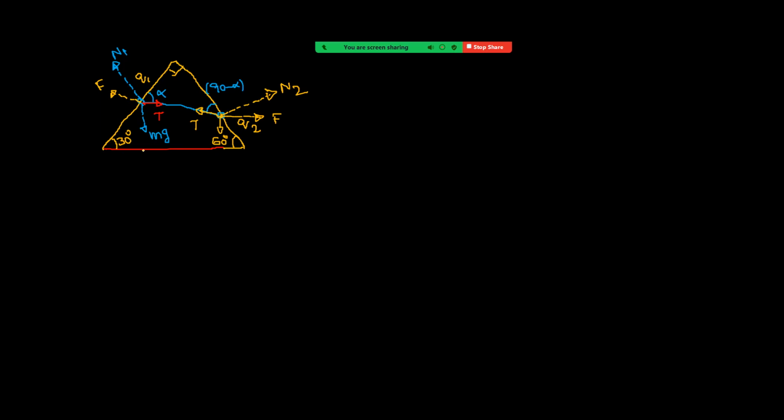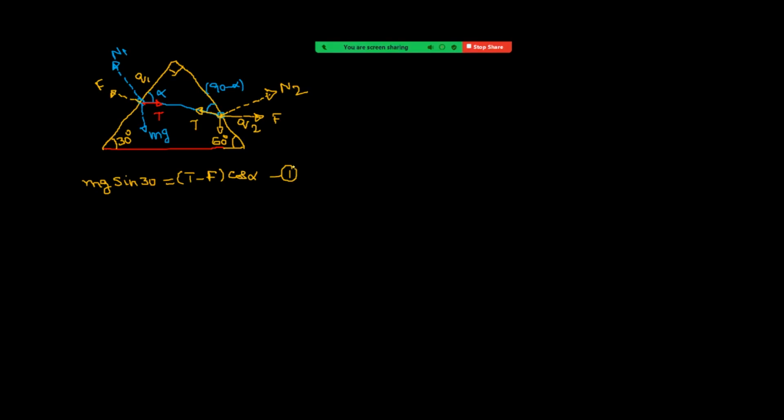Along the wire frame, mg sine 30 should be balanced by (T minus F) into cos alpha.